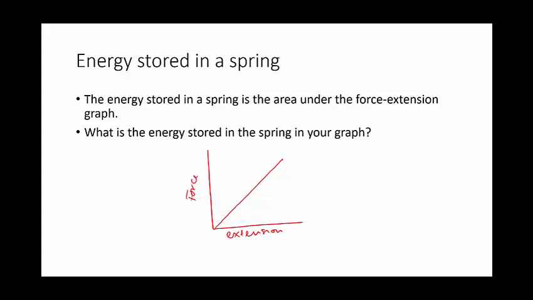So if our force extension graph looks like this, we block off the triangle at the end, and then we're going to use the equation for the area of a triangle, which is area equals half times base times height, to work out what the energy stored is, because that's the area under the graph. So half times base times height, and that should give you your answer. Remember, energy is measured in joules.